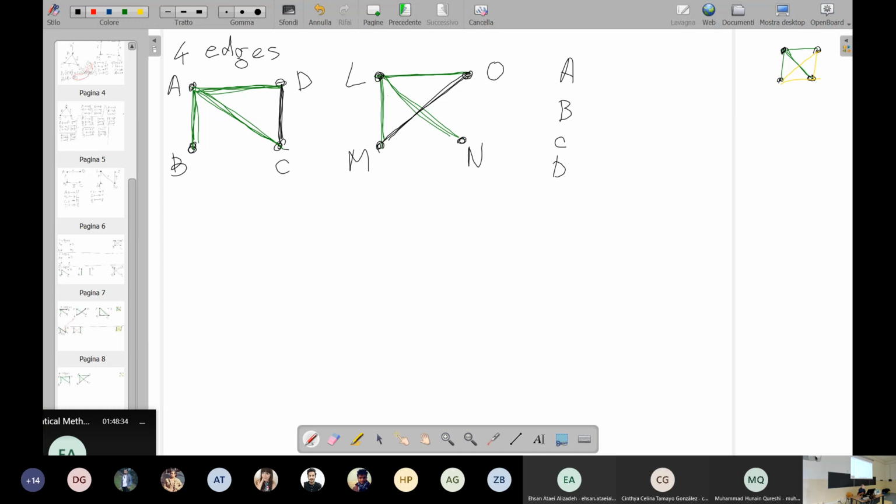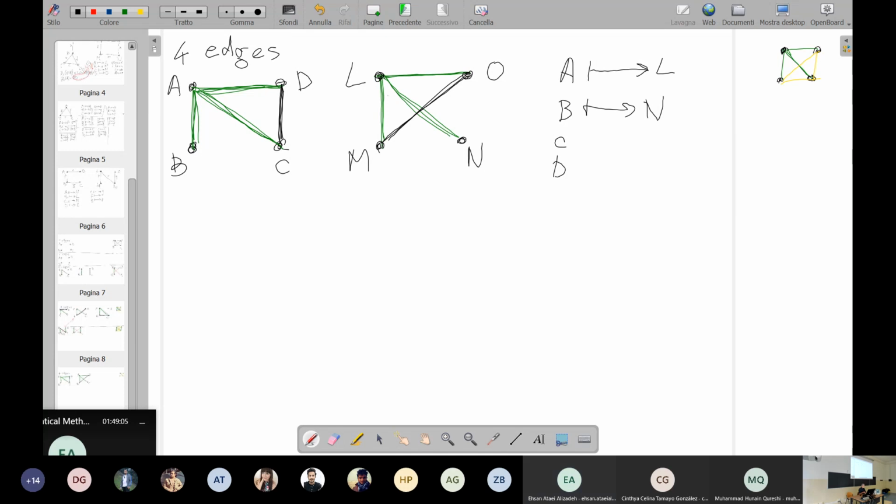I'm sure that the lady of before has already spotted it. We have just one vertex of degree 1, and that must go to the degree 1 on the other side. So B has to go to M. Who is adjacent to B? A. So what is adjacent to M is L. So we send A to L. Okay?